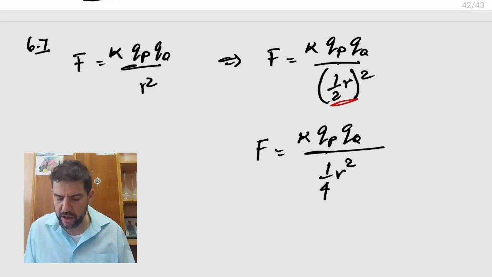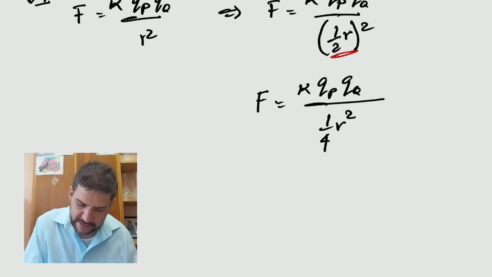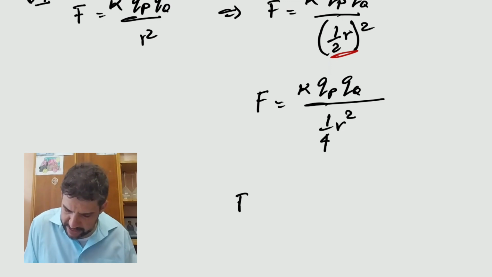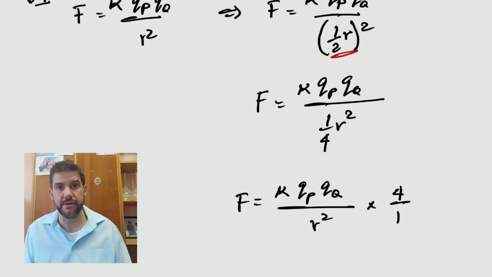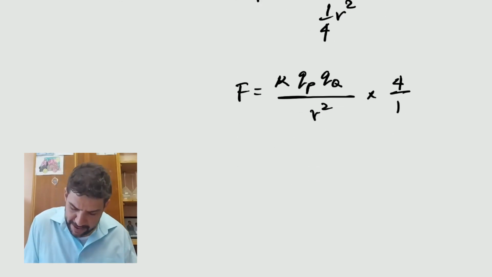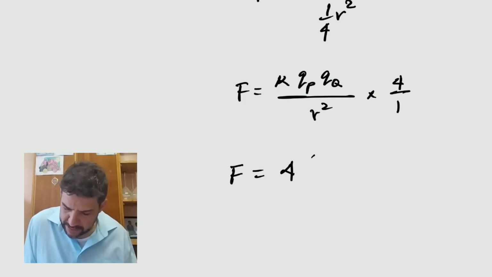All right, so now if you solve this one is simple math, you get that F is equal to K QP QQ divided by distance squared multiplied by 4/1. All right, so guys, F will be now 4 times K QP QQ divided by distance squared.